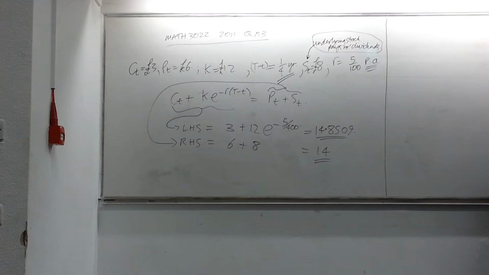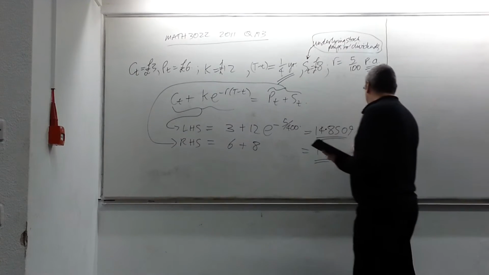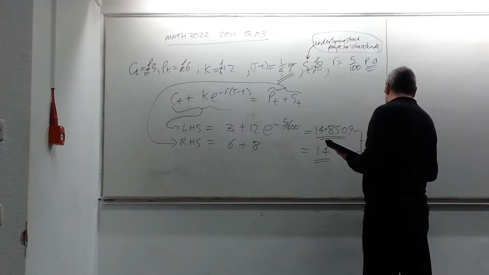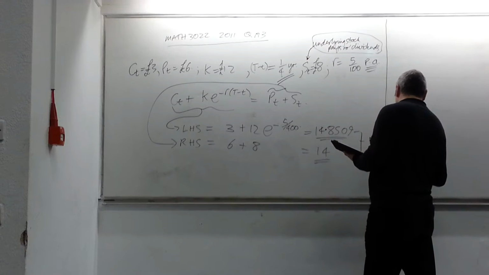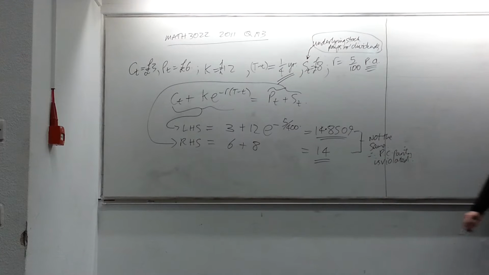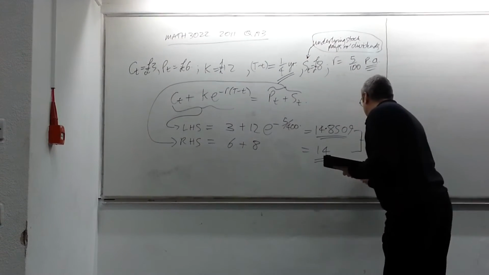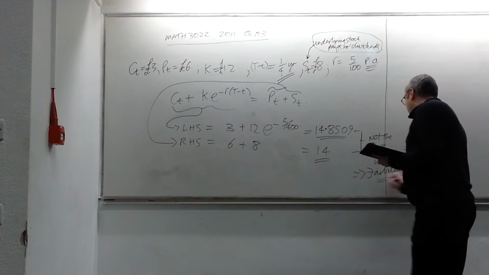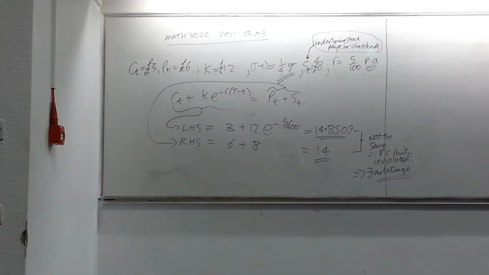The right-hand side says we should have 14. Therefore, put-call parity is violated. So what does that mean? That implies that there exists an arbitrage. And not surprisingly, the second part of the question is to identify that arbitrage.